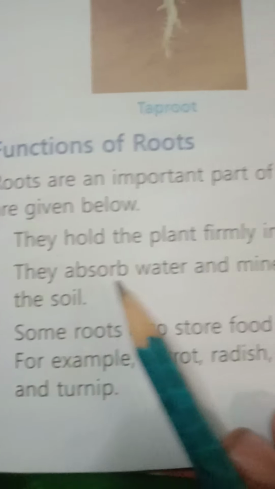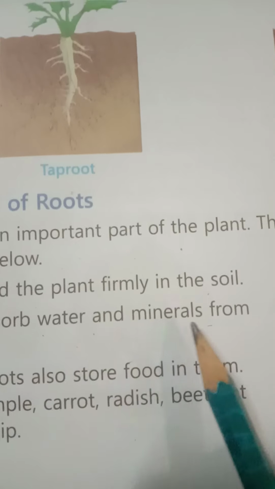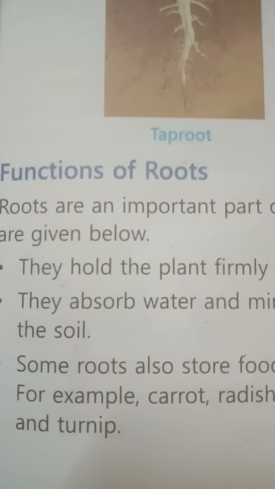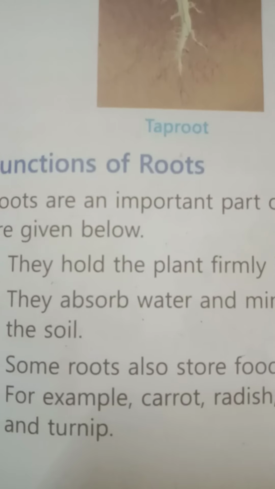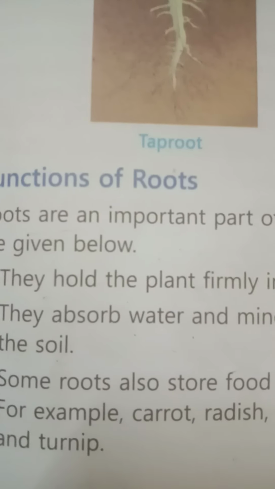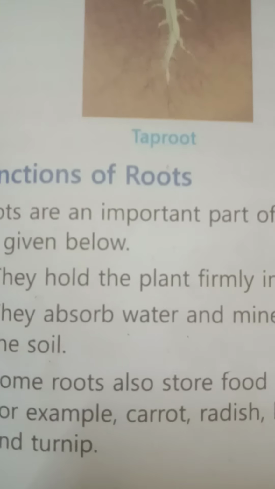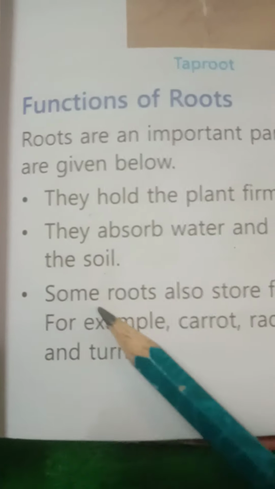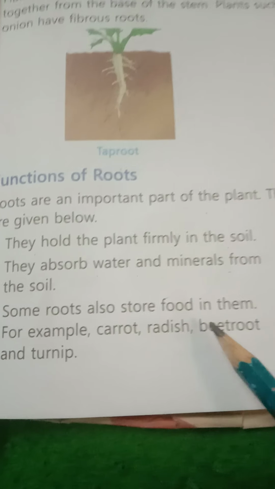Second, they absorb water and minerals from the soil. Thus a plant absorbs water and minerals from soil through roots and transports them to other parts like stem, leaves, flowers, etc.